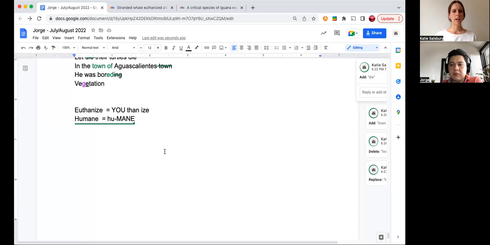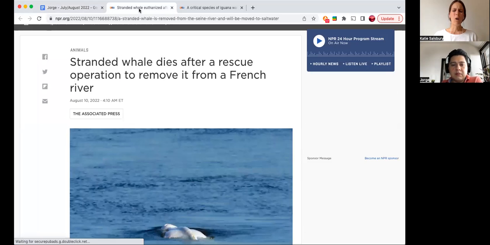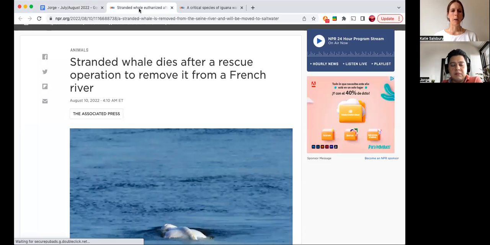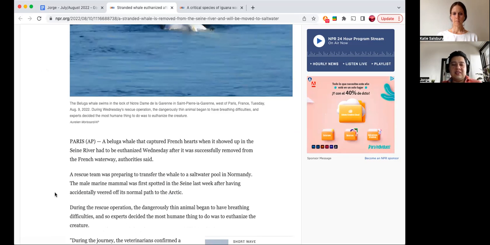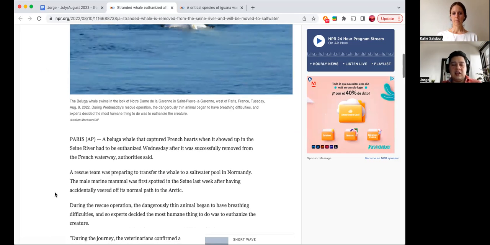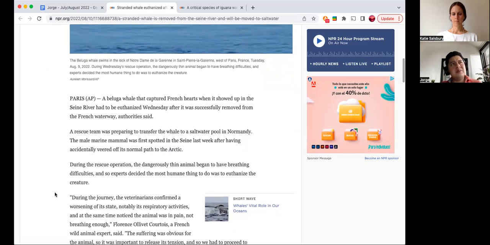Interesting. So why do you think that this makes the international news? I don't know. Well, for a good catch from the article, it's kind of weird because I guess the area where it was stranded is sweet water.